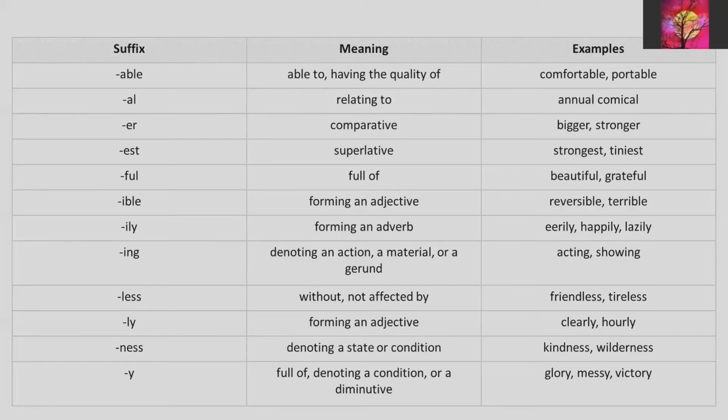So glory, victory, messy, all these are words which mean full of or which denote a condition and are formed by adding the suffix y. So you have here a list of all the commonly used suffixes, their meanings, and some examples to show how these suffixes help to form new words.